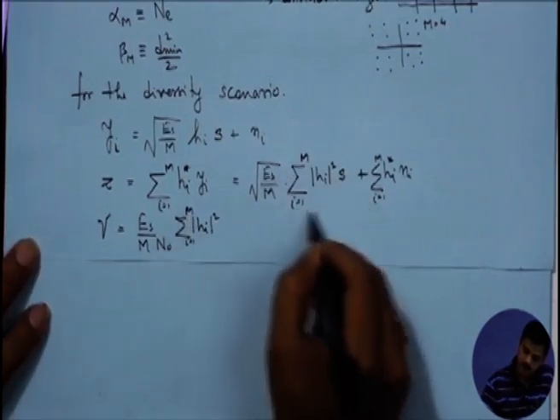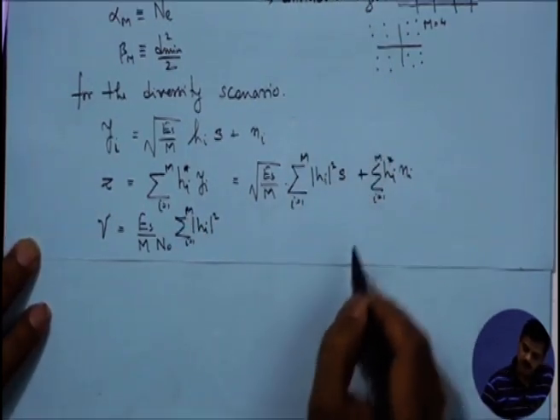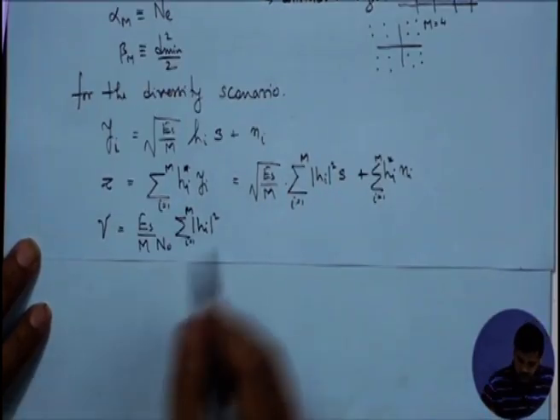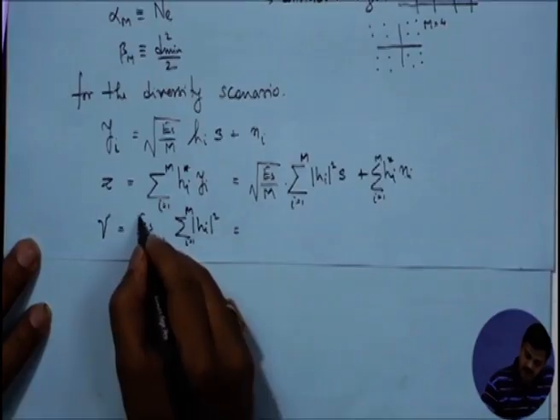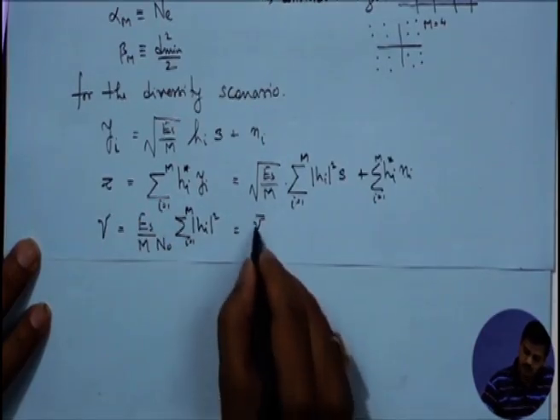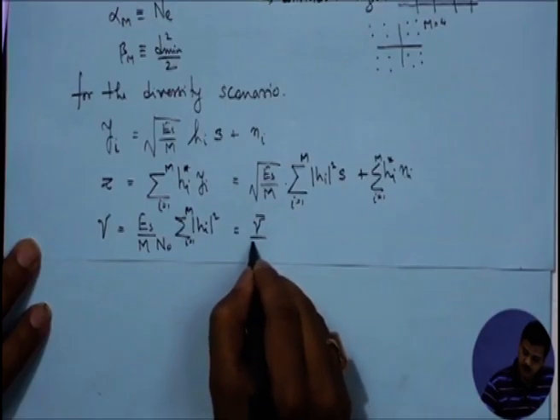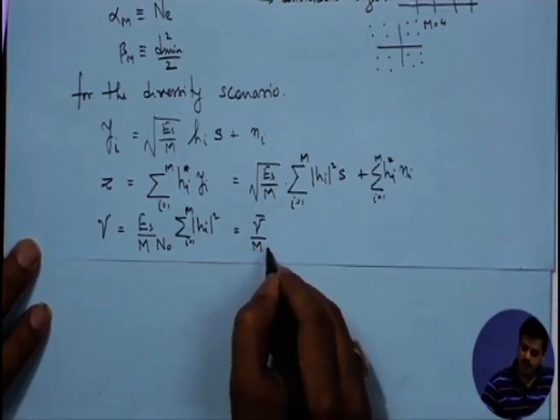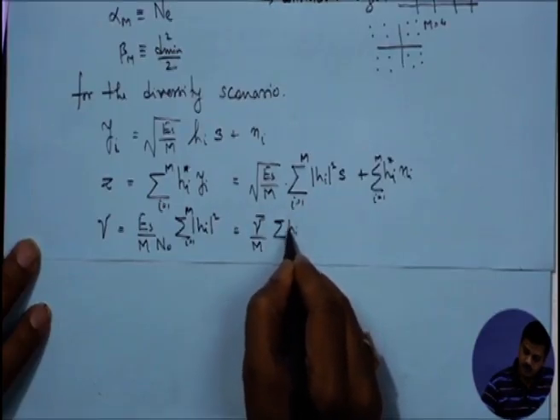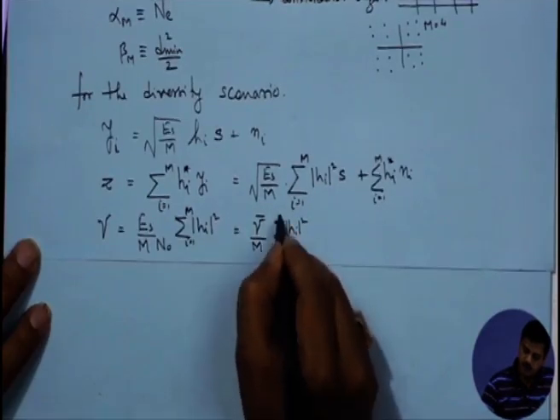This will happen because the square of this divided by the square of this leaves us with this particular term. If I take Es by n naught as gamma bar, this could be written as gamma bar divided by m, because there are m transmissions each having 1 by m of the power, times sum of mod h_i squared, i equals 1 to m.